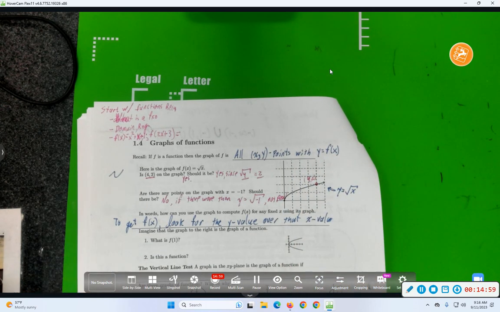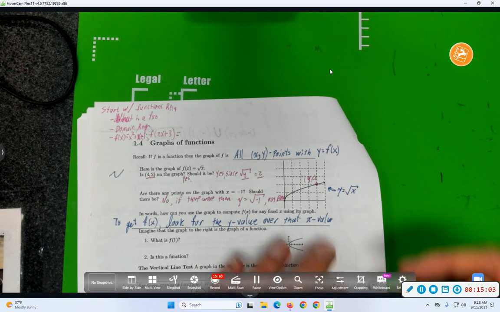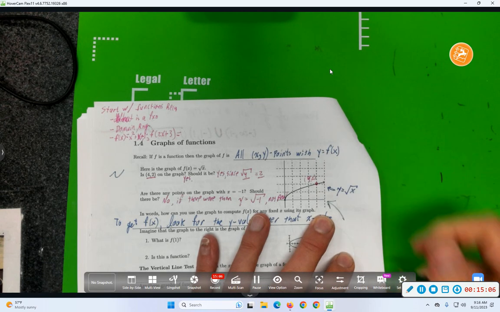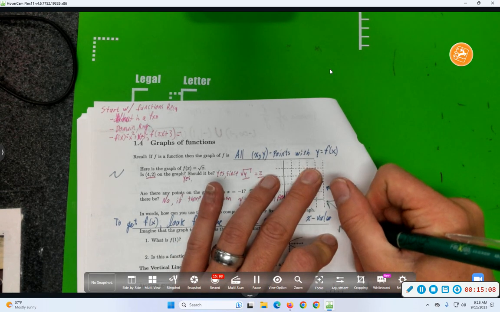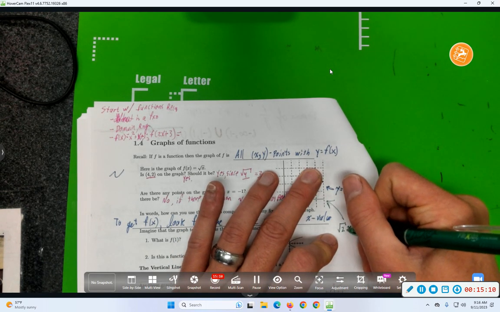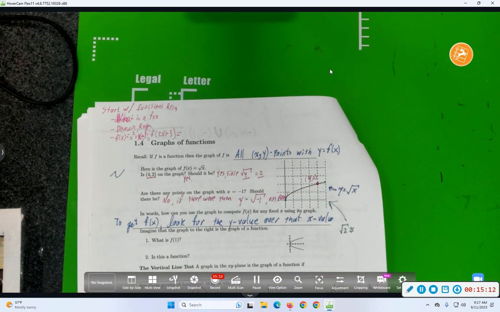And you know what? Maybe I'll go slightly off script. Let's use that graph. There's the graph of y equals the square root of x. Using that graph, what does the square root of 2 seem to be approximately?